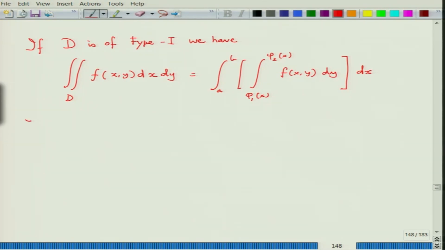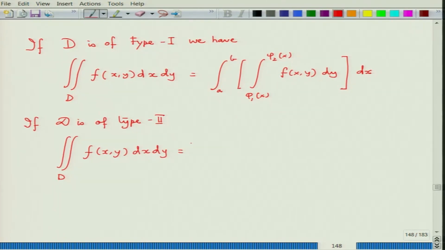If D is of type 2, then the integral over D of f of x y dx dy must be of this form. Now, you have to change the role of x and y.